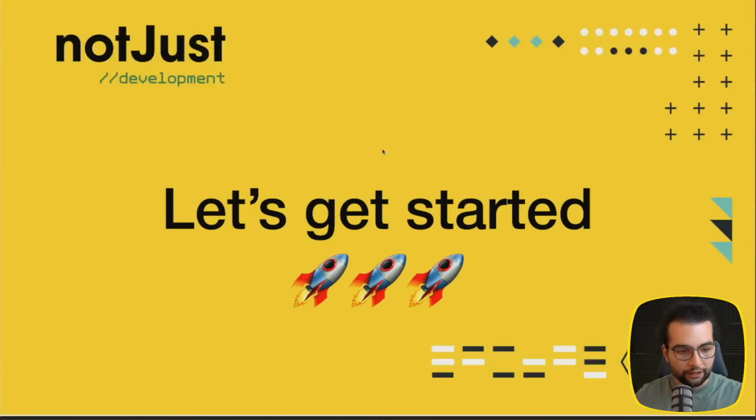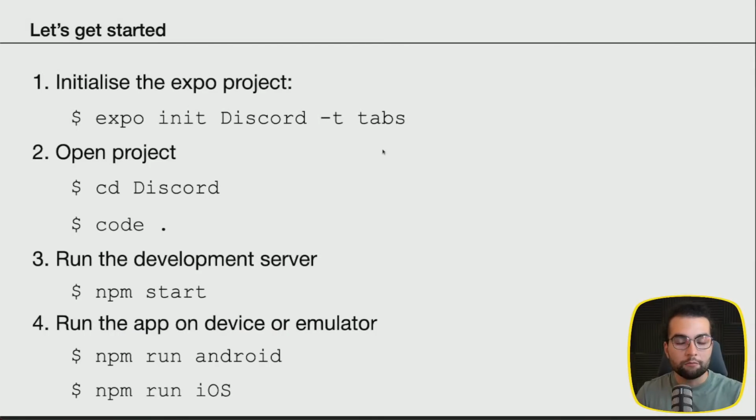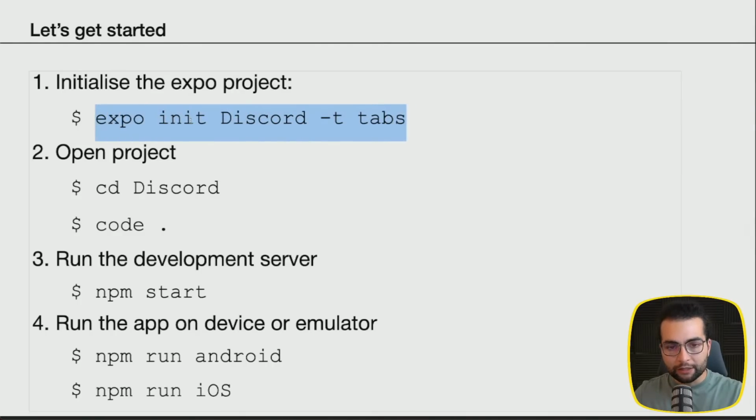So guys, let's get started because we have quite a lot of things to do today. Our first thing is to start by initializing our Expo project. We're gonna do that by running expo init, the name of our project, and we're gonna choose the tabs template for that.